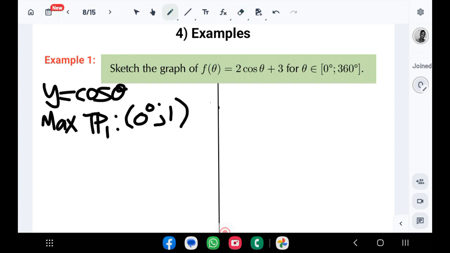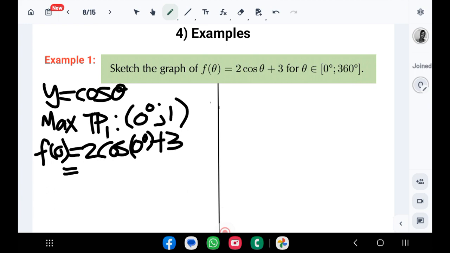So we find f of 0, that is equal to 2 cos 0 degrees plus 3. When you take out a calculator, that should give you 2 times cos of 0 plus 3, and that is equal to 5.